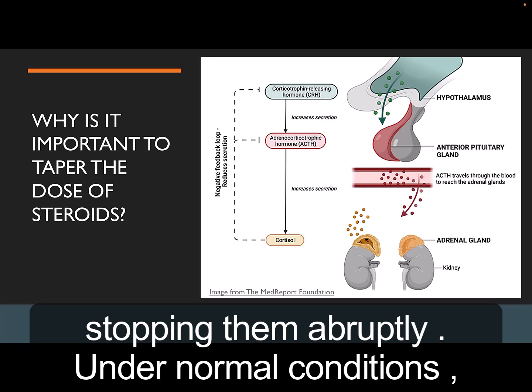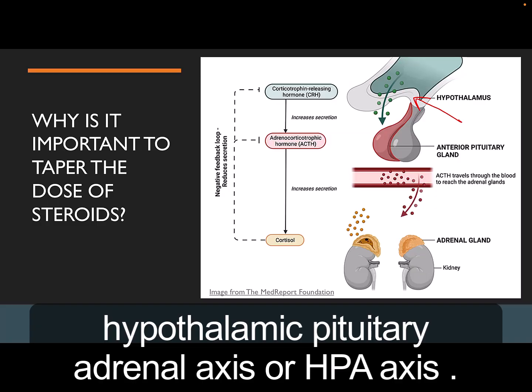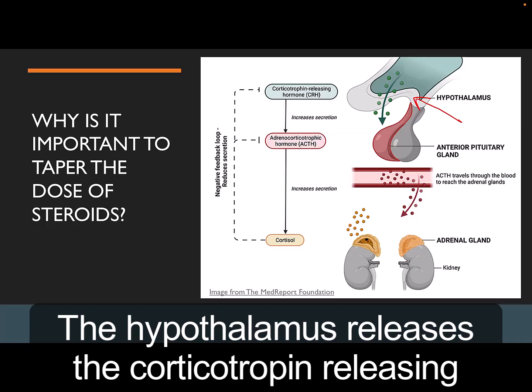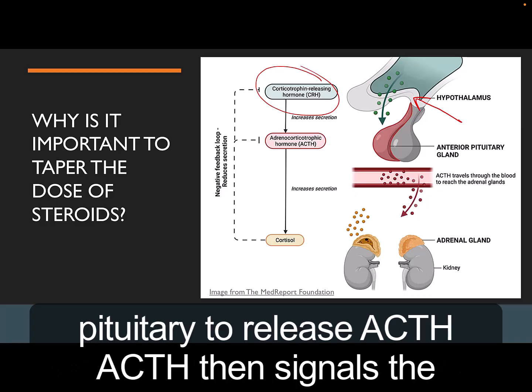Under normal conditions, cortisol production is regulated by the hypothalamic pituitary adrenal axis, or HPA axis. The hypothalamus releases the corticotropin-releasing hormones, as we've seen, which stimulates the anterior pituitary to release ACTH.